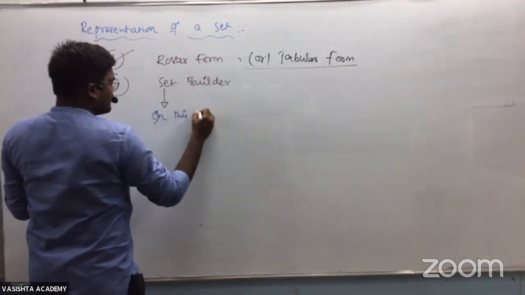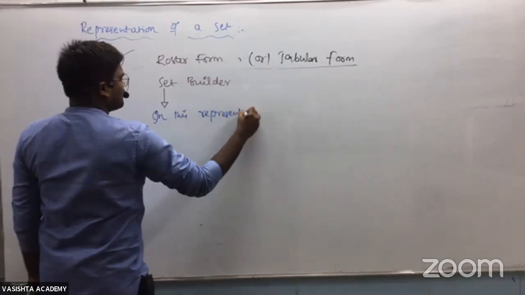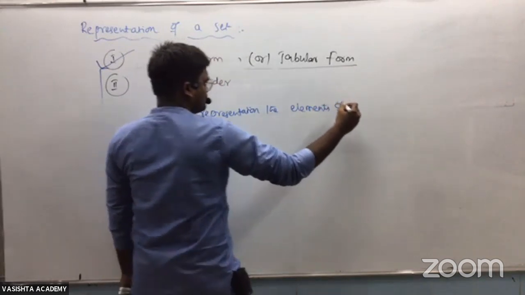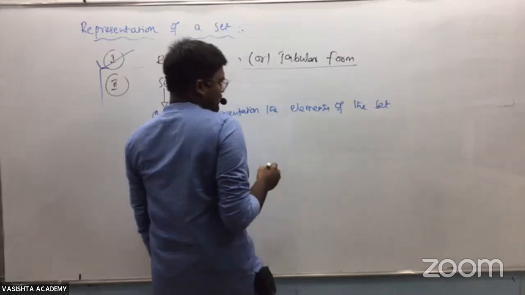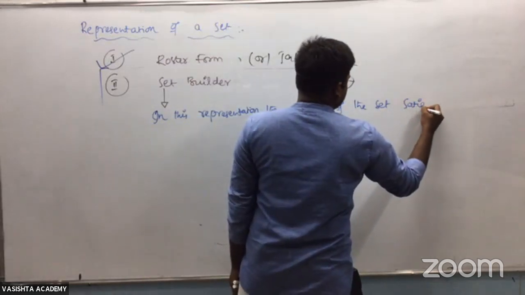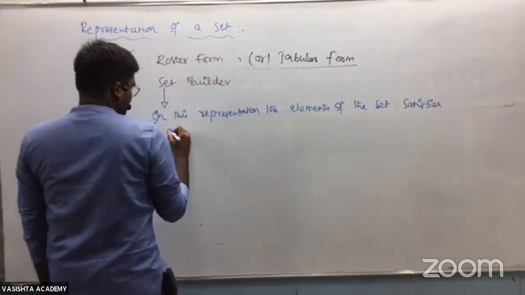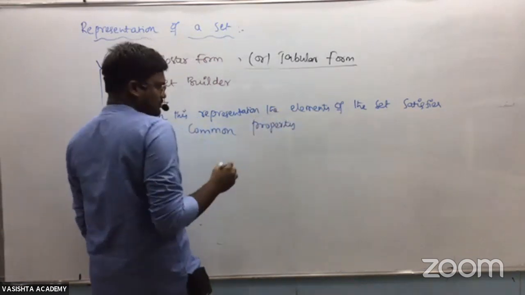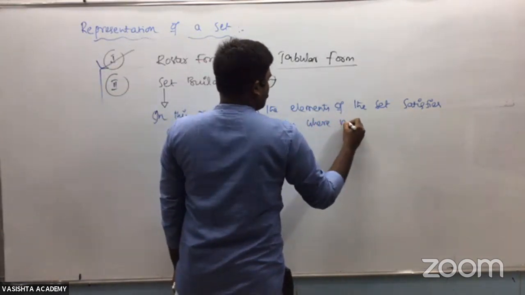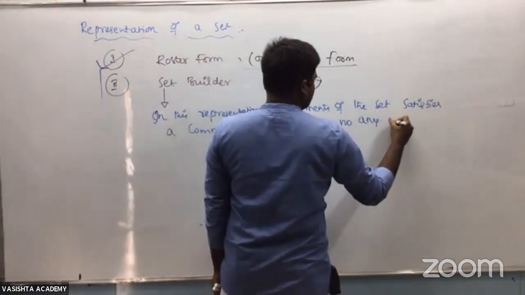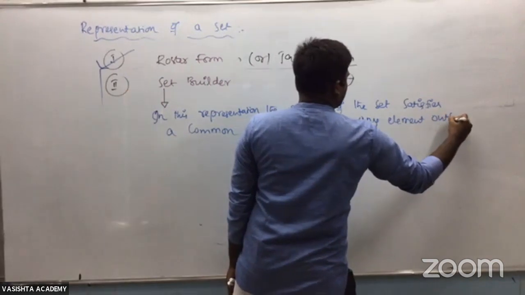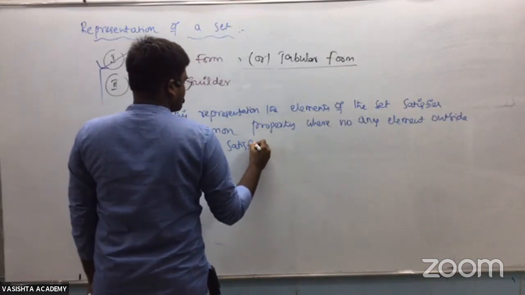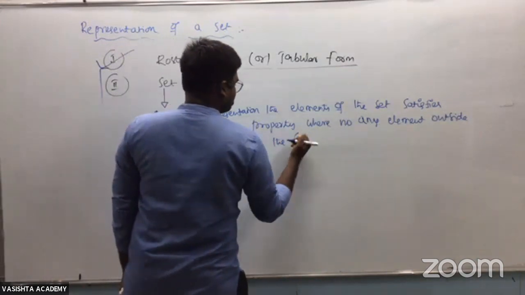In this representation, please write it down, the elements of the set satisfy a common property where no element outside the set satisfies the property.